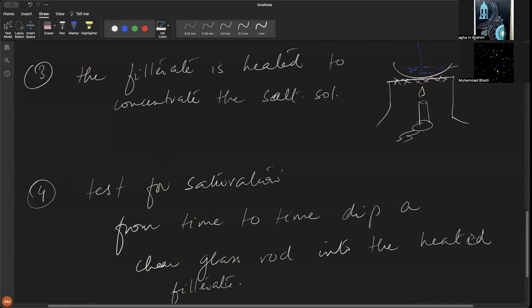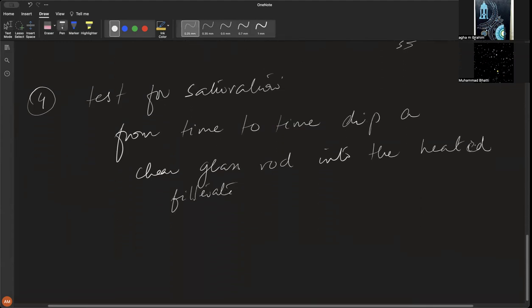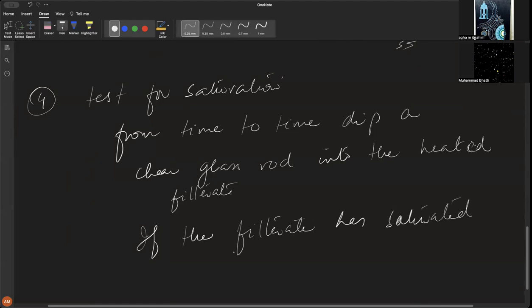Because the rod is cold, once the solution attaches to the glass rod, the water evaporates and crystals form. You understand? If the filtrate has become saturated, crystals will form on the rod.